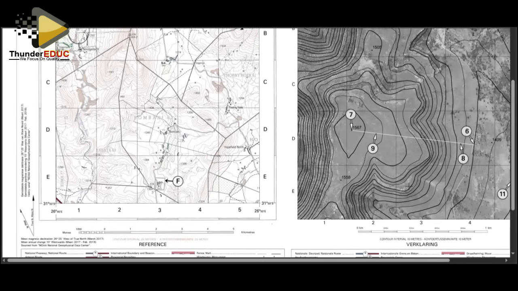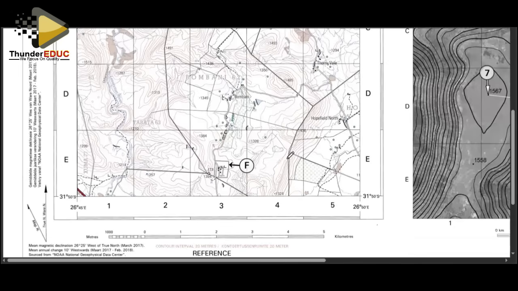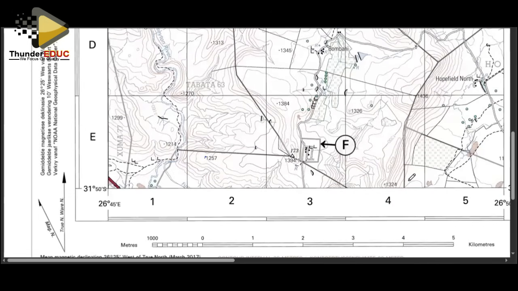What you need to do here with this particular question, we'll try to enlarge to make it more visible for the sake of clarity. Right, there is our block with that spot height there. We need to find coordinates of that particular spot height. So what you do here is already you are provided with the degree value.